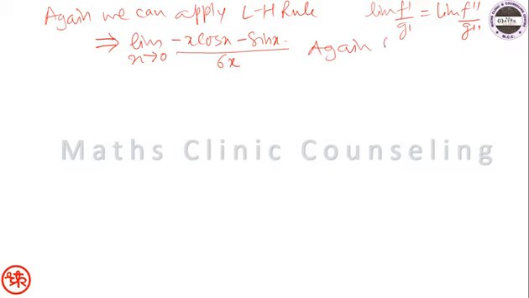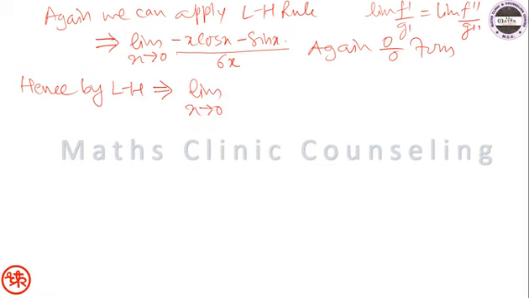Again this is 0 by 0 form, and hence by L'Hospital's rule we get limit x tends to 0, taking the derivative of the numerator: minus x into cos x, whose derivative is minus sin x, minus cos x into the derivative of x which is 1, minus sin x, that is minus cos x, and this is divided by 6.